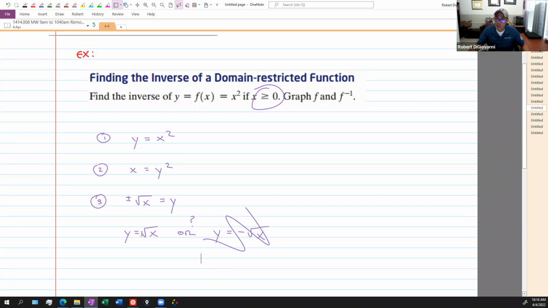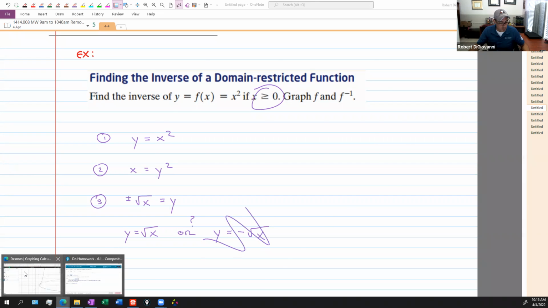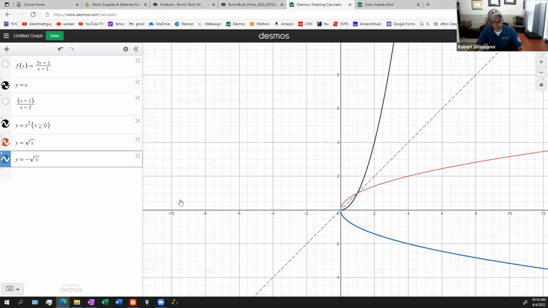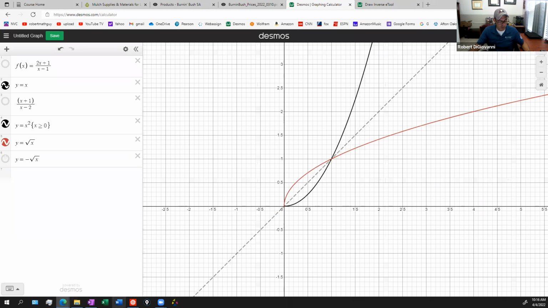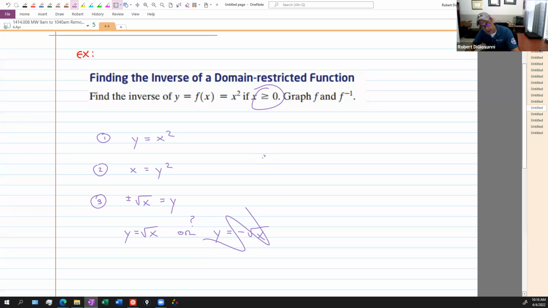So it has to be this one. So back here, we would not want this one. There it is. So the correct answer is f inverse of x equals the square root of x, and that is our inverse function.